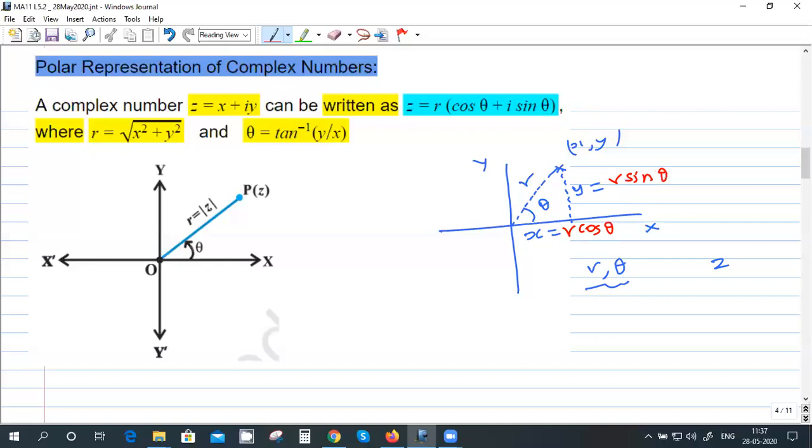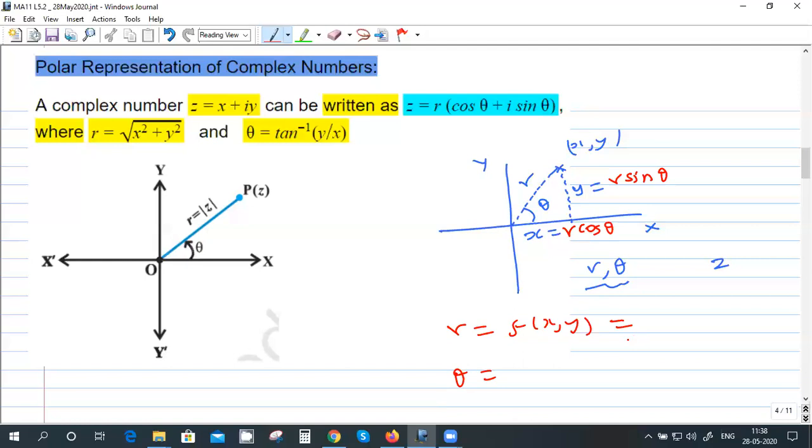And similarly, if I want to express r as a function of x and y, what will be that function? I have related x and y in terms of r and theta. Similarly, I want to give r in terms of x and y, and also theta in terms of x and y.